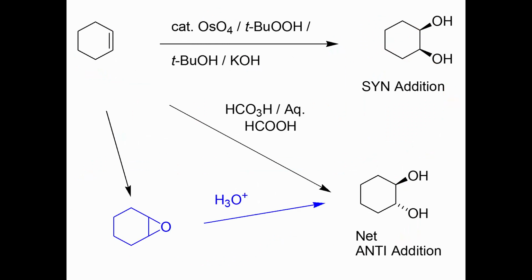Okay. All right. Let's look at how epoxides can be used in synthesis very cleverly. So we know from a previous discussion how to get a syn or a cis-1,2-diol, and that's by doing a syn dihydroxylation.